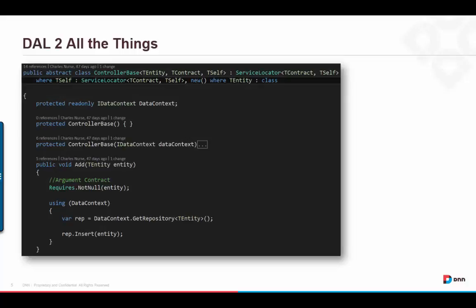And PetaPoco basically says you don't have to worry about how to access the database. You tell me what the database looks like, i.e. define an entity, define a class with some properties on it, maybe throw some attributes on those properties so I know what the primary key is, so I know what table this class relates to in the database.